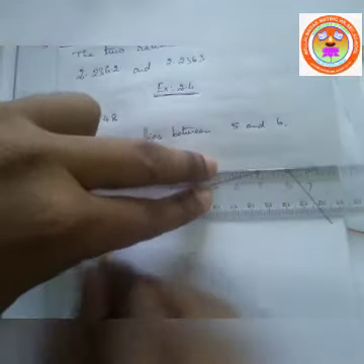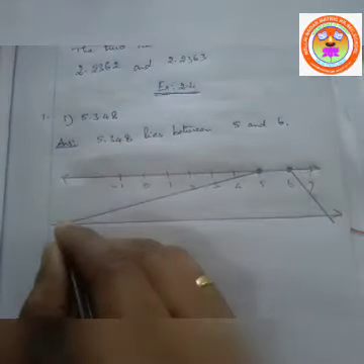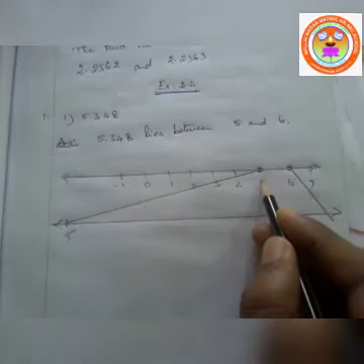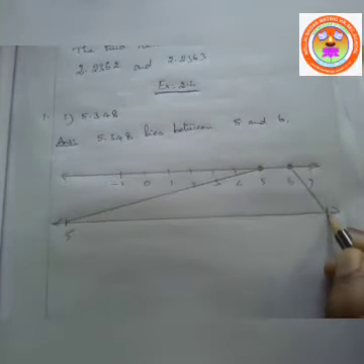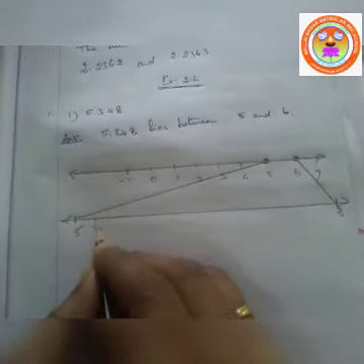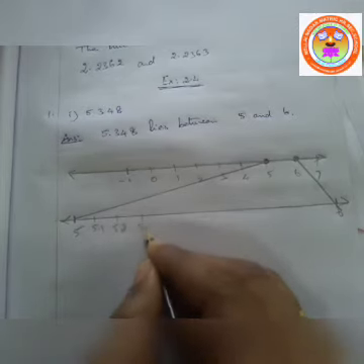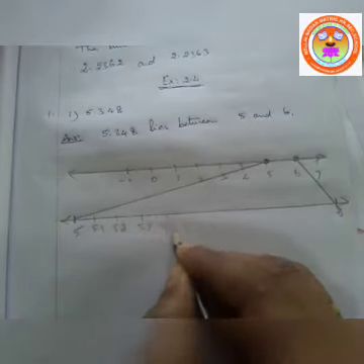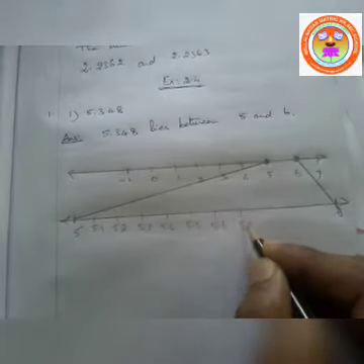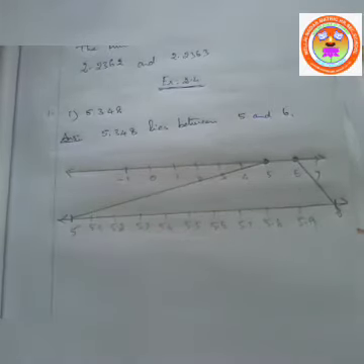If you expand this, what is the meaning of expansion? Here you have to put this 5, and this 6 you have to put it here. After the 5, what will the number come? 5.1, 5.2, 5.3, 5.4, 5.5, 5.6, 5.7, 5.8, 5.9.